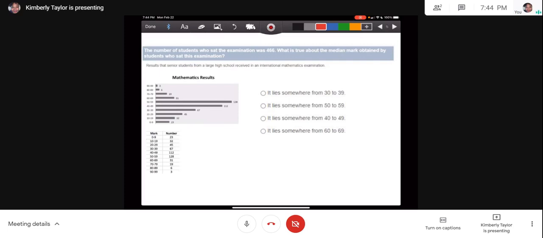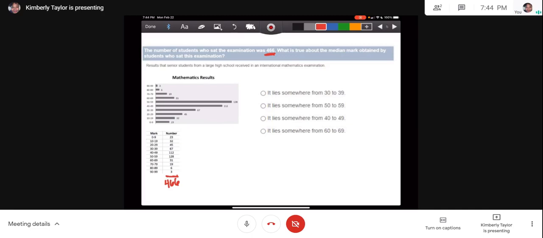You have to find the median. First off, how did they get 466? They added all the numbers up. If you add this column, you get 466. So that's 466 different scores. Now, how many scores are in each category?